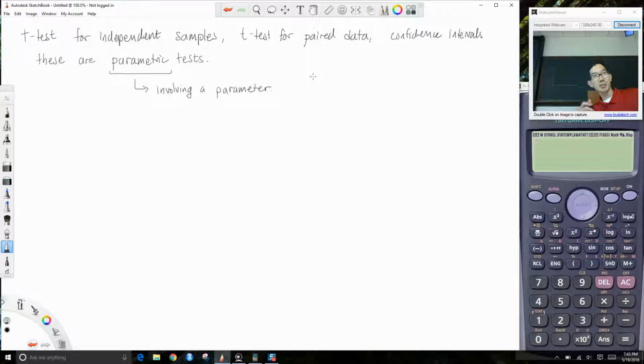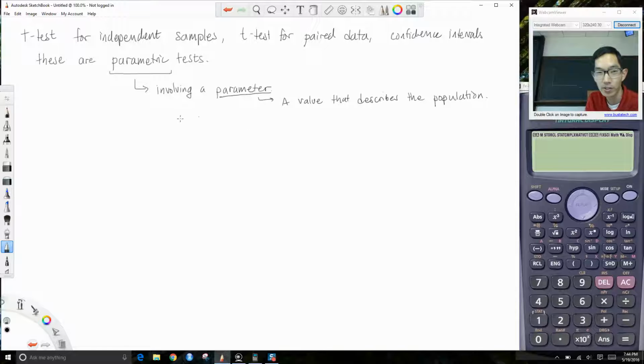It's something that describes the population. It's a value that describes or defines the population. So as far as t-tests go, that parameter that we're talking about is the population mean mu.